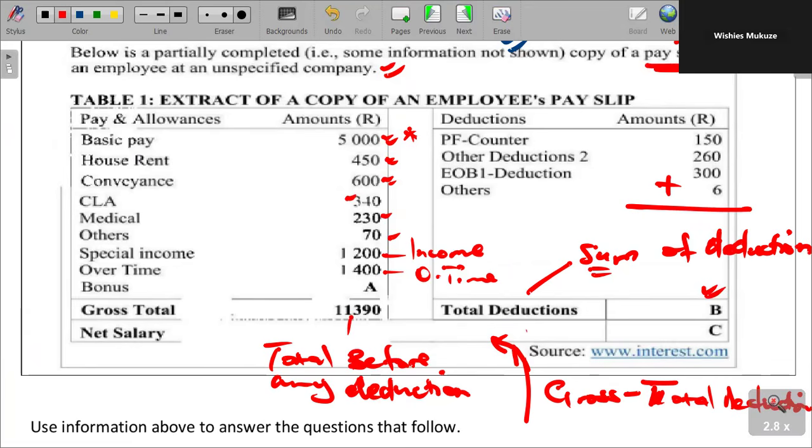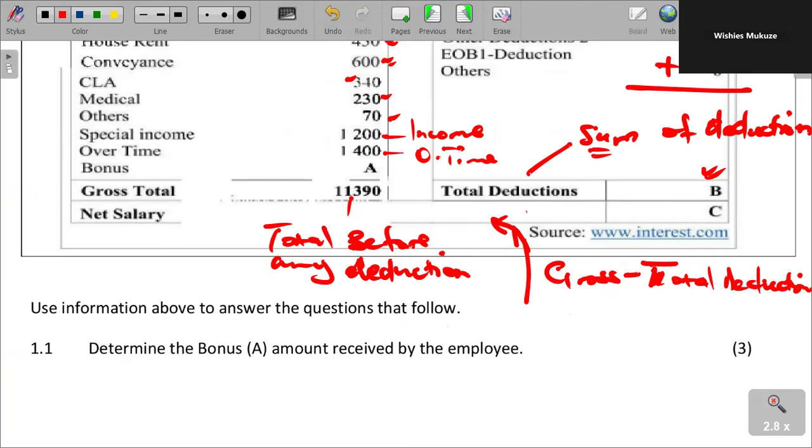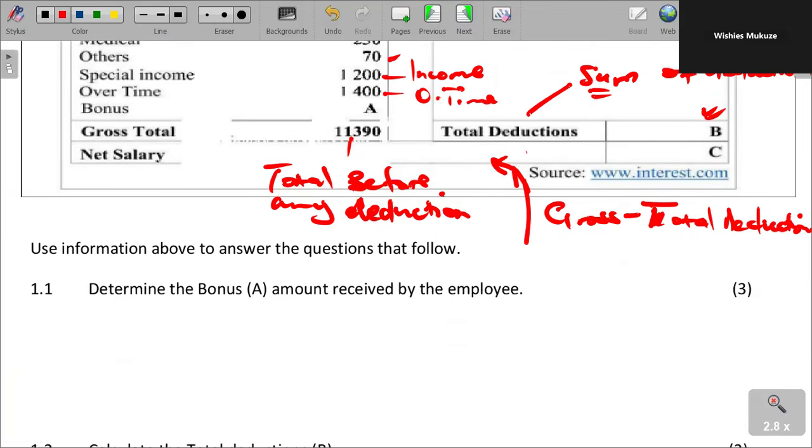So what you need to do is to understand these items before you go to answer any questions. You must be able to understand and provide details on these as you go into the exam.